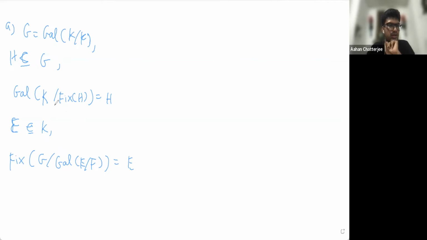Basically, what this is saying is that the Galois group of K over Fix(H) means the set of elements in G which fix every element of Fix(H), and that is exactly H. Fix H is the set of elements that are fixed by everything in H, right?